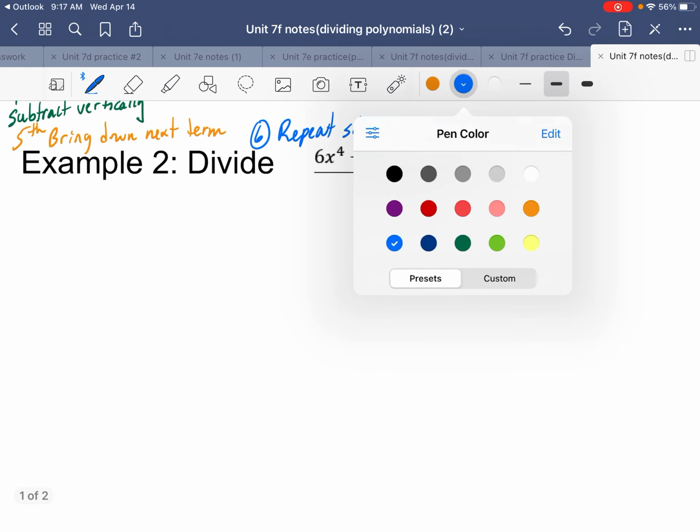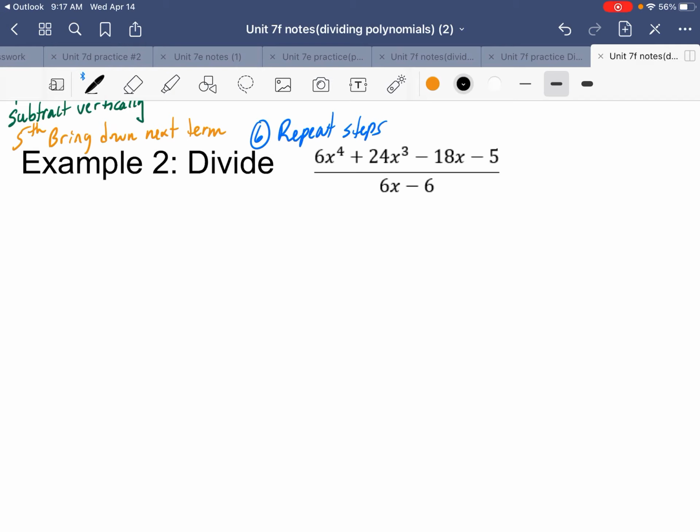All right, example 2. The exponents go from 4 to 3 to 1, oh no, to 0. So we're missing the x squared term. So when we do this, we have to add that in. So we have 6x to the fourth plus 24x to the third.